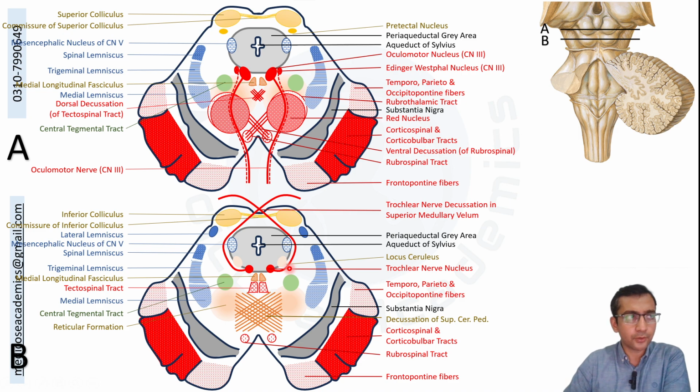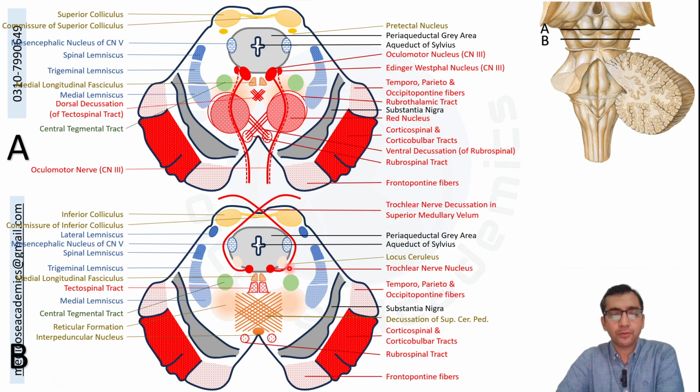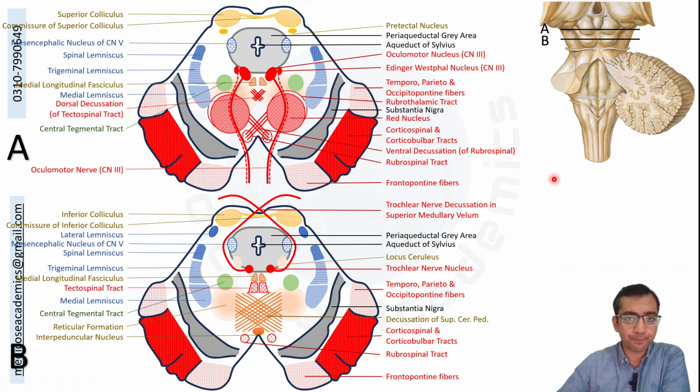Then there is the reticular formation itself that contains a variety of nuclei for different visceral reflexes and arousal and other things. And then there are the interpeduncular nuclei that have again a mixed variety of functions. I'm not going into the detail right now.